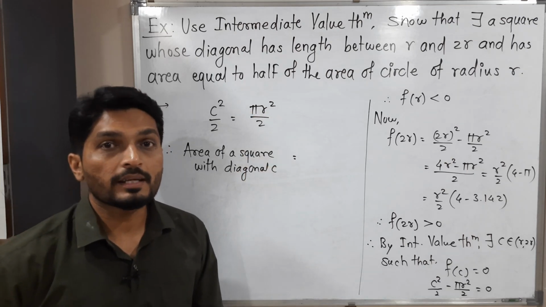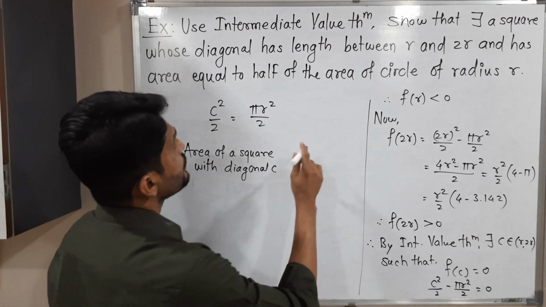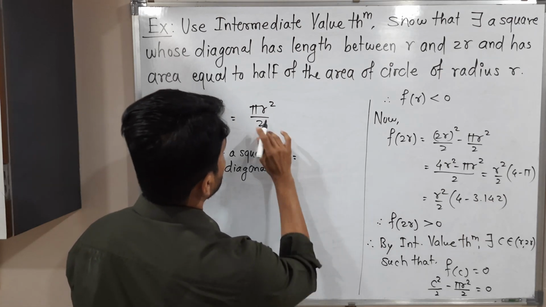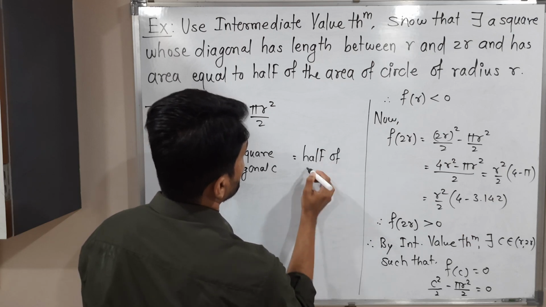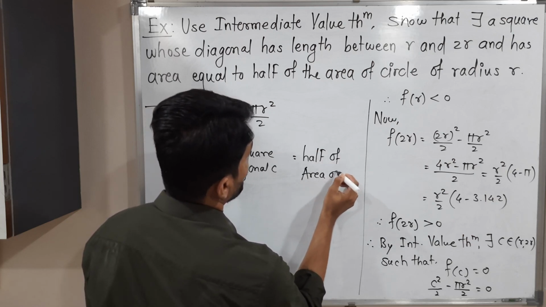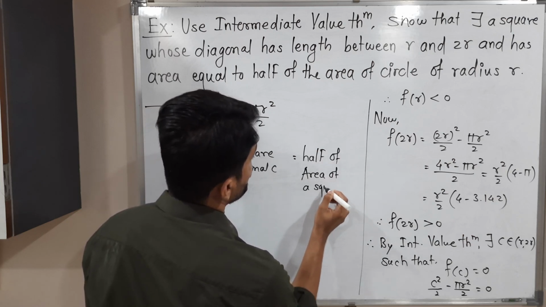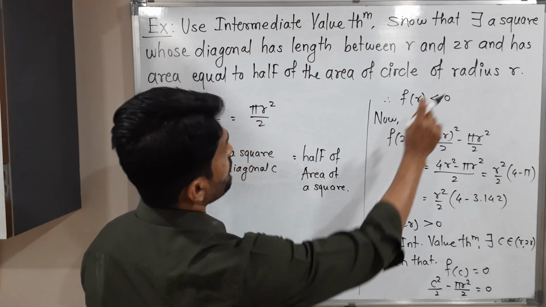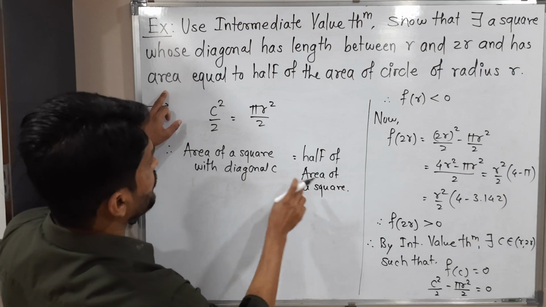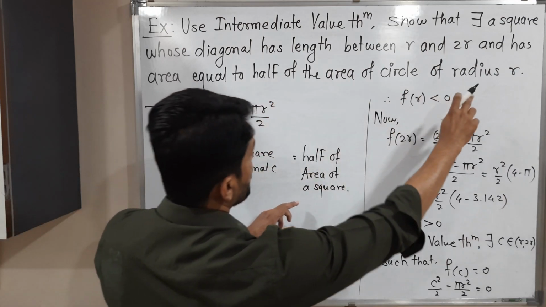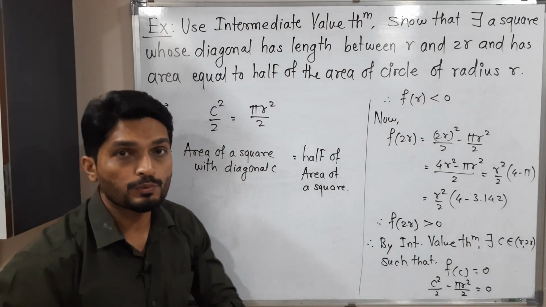Pi r square means area of a circle. So it is half of, since 1 by 2 is there, so half of the area of a circle. So in this way we proved the area of a square is equal to half of the area of a circle with radius r. So in this way we proved.